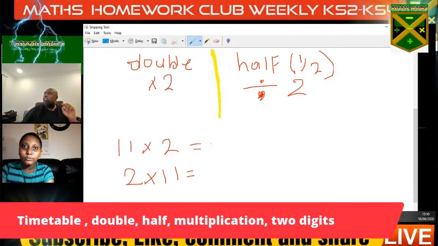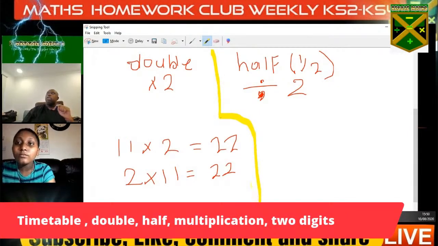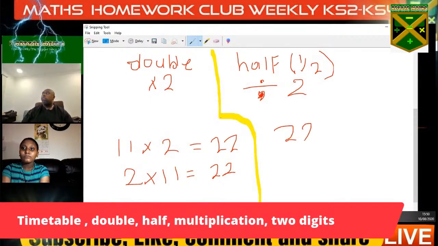Okay? So the opposite of times by 2 is divide by 2, a half. So what is 22 divided by 2?